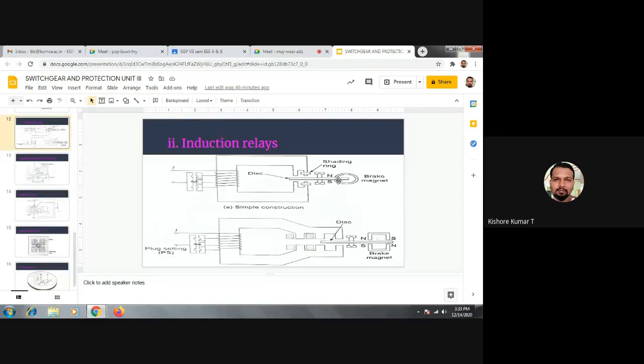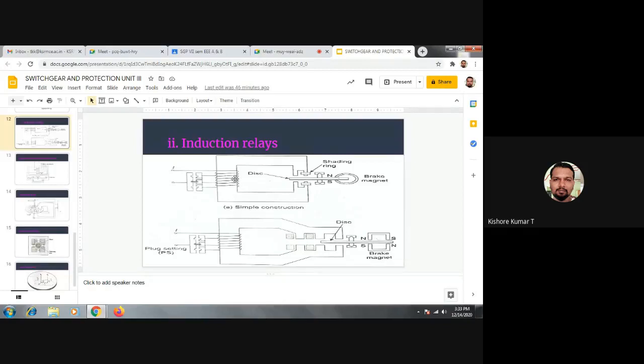So in order to overcome that creeping error, there is a braking magnet which is mounted on the periphery of the disk. This braking magnet will set up an appropriate torque such that the disk stops at the instant of de-energization of this relay coil.